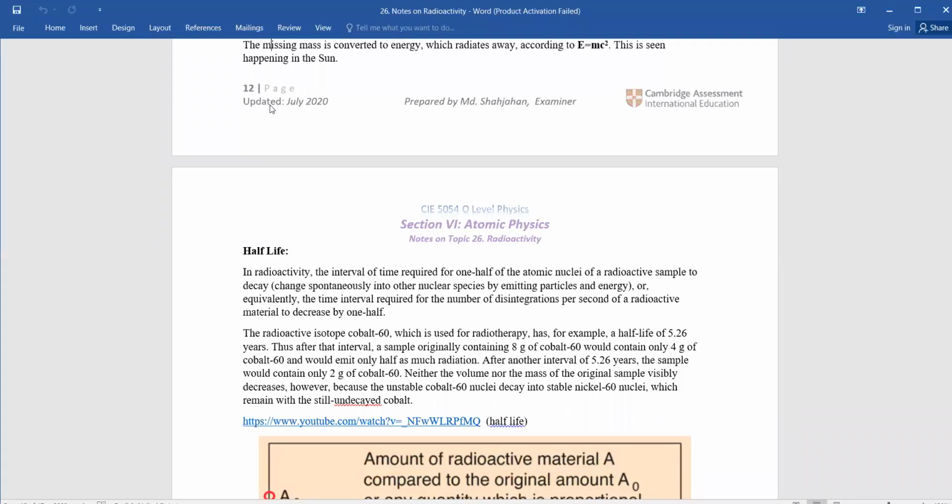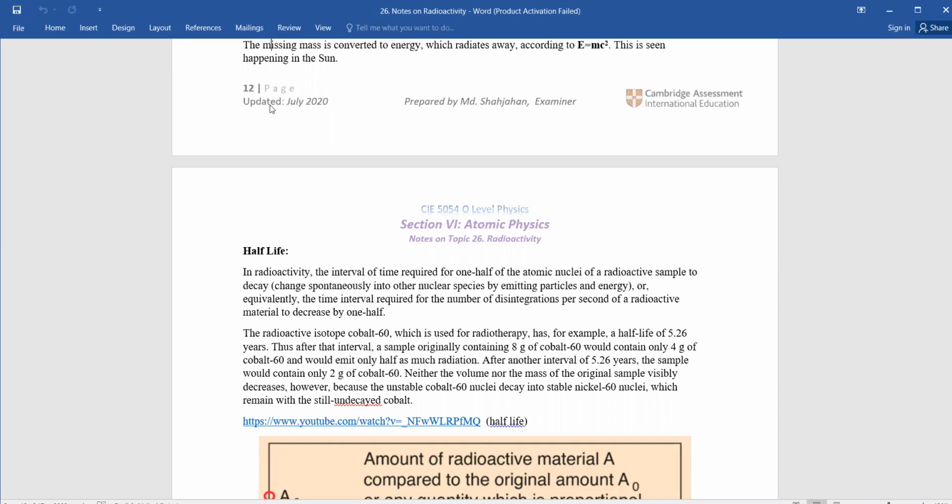So we can say that the time required for the number of nuclei to become half from its beginning is called half-life.